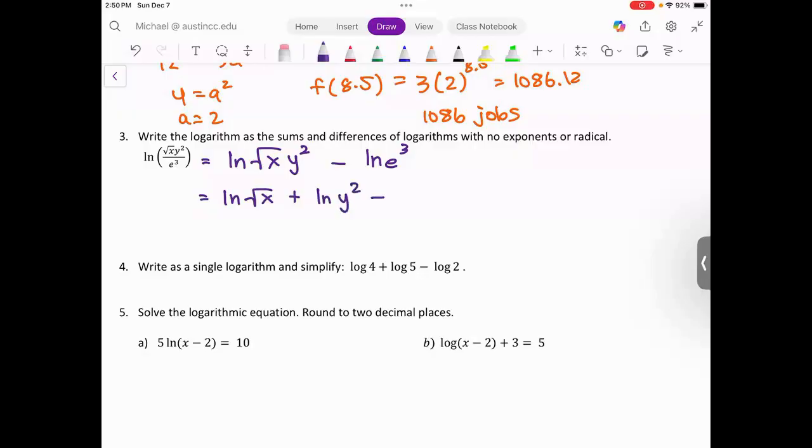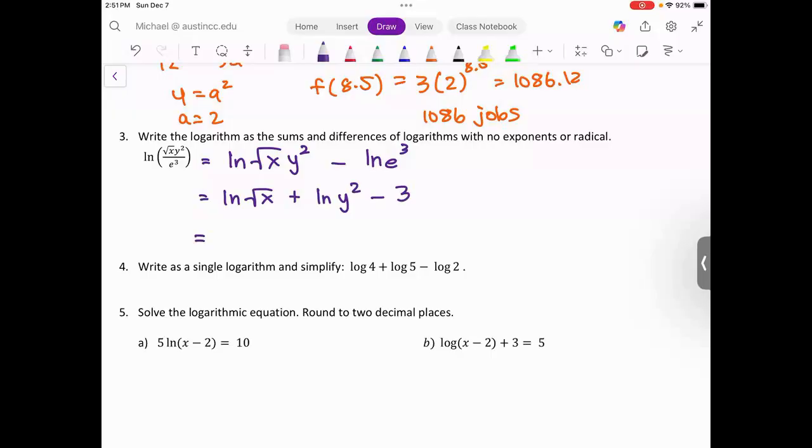Now, at the end, we have this natural log of e cubed. One of our properties tells us that this is just equal to 3. When we have the same base of our log and base of the argument, then it's just equal to that power. Now we don't want any exponents or radicals, so we're almost done.